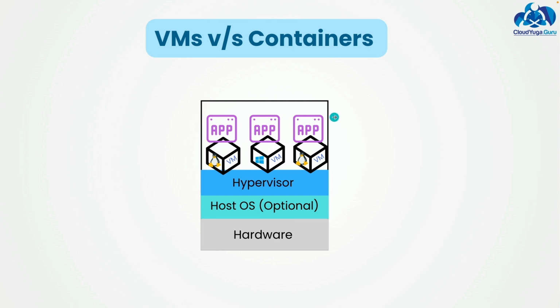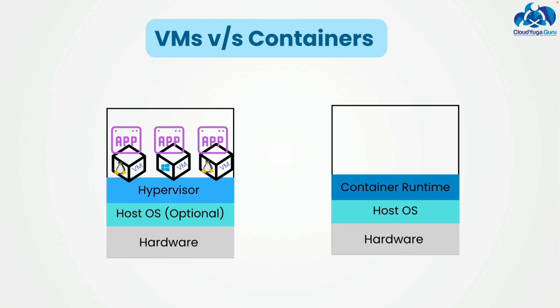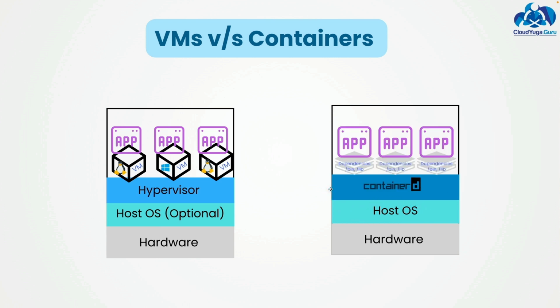As we have understood that our end goal is to deploy these applications, what if we could do it in a more effective way? And that is where containers come into the picture. So on top of our host OS, we deploy a container runtime like containerd, which would help us run these containers. Now these containers are going to run in an independent and isolated way.